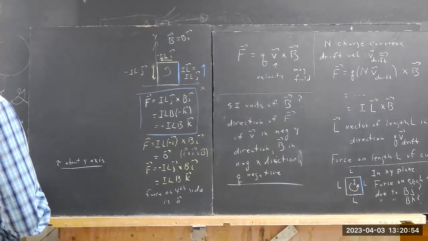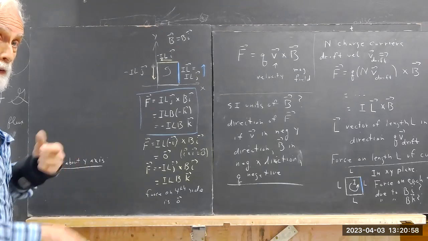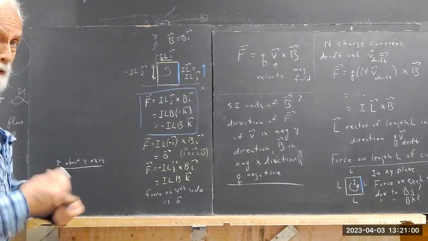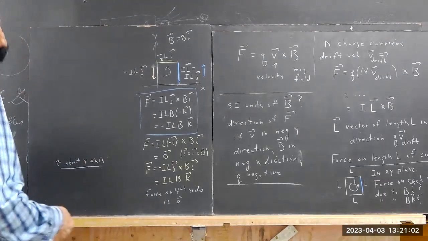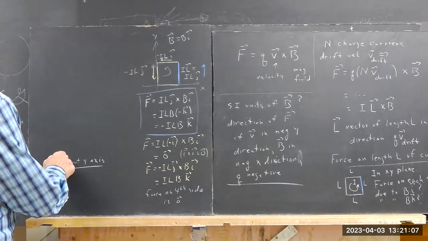The torque is why a DC generator, where you put a commutator with this, keeps reversing polarity every 180 degrees. And that's a DC motor, and you can read about that. Torque about the y-axis.